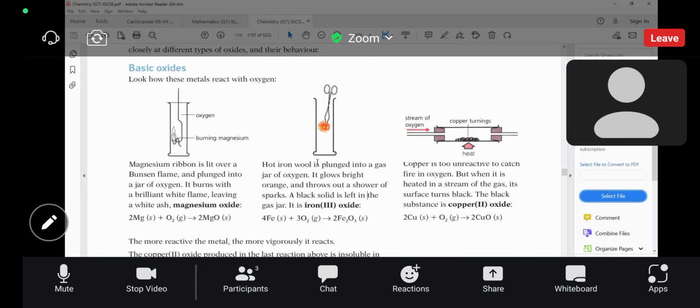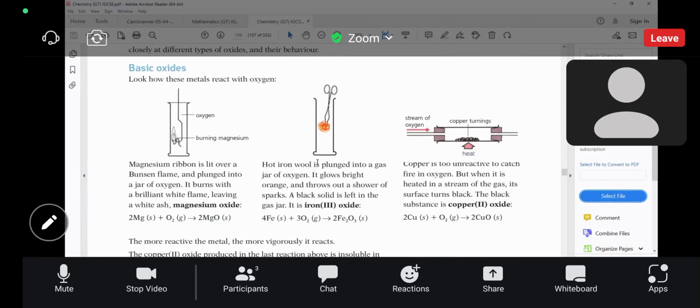This magnesium oxide will quickly form, and it will take more time to produce this Fe2O3. And for the formation of copper oxide, you will take more and more time due to the reactivity of these elements. So this is the reactivity series. So this series is used to compare the reactivity of elements.